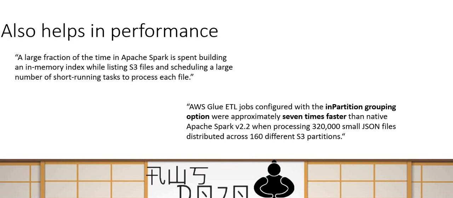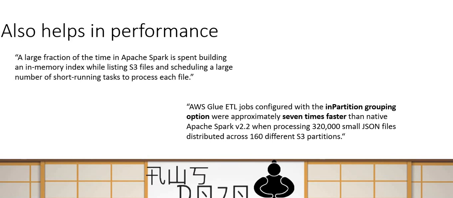And performance improves by doing the grouping, because otherwise your Glue jobs, or in fact Apache Spark, spends a lot of time building the in-memory indexes and scheduling large number of small files with small tasks, or in other words, short-running PySpark tasks.